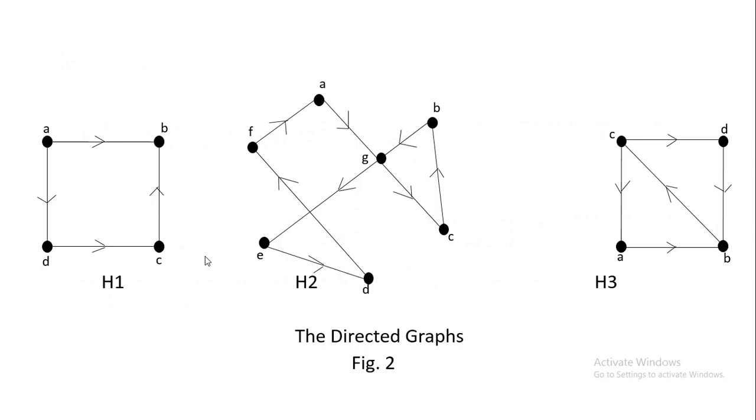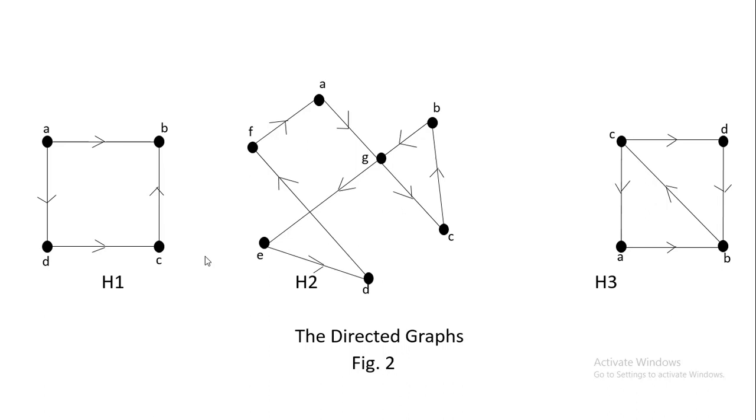It is simple. By looking at this H1 graph, you can easily say that it does not have any Euler circuit, because from A to B, in the direction from B to C, there is no edge between the B and C vertices. So the condition is not satisfied.